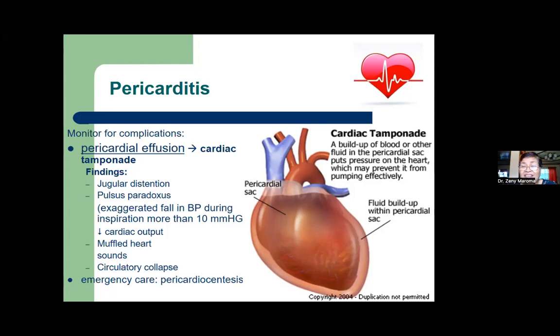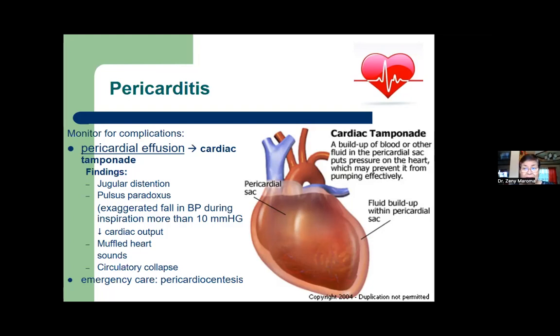Tapos when the patient inhale, there is further drop in blood pressure, more than 10 mm mercury, as evidenced by disappearance of pulse. So ang pangalawa, hypotension with pulsus paradoxus. Pangatlo, there's distant or muffled heart sounds. Okay, triads.